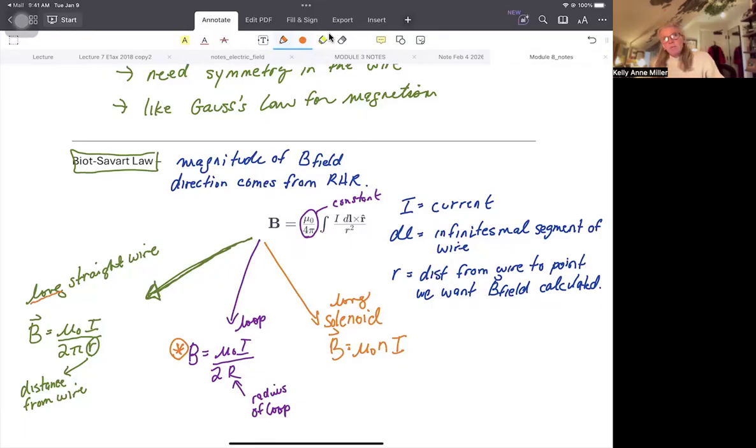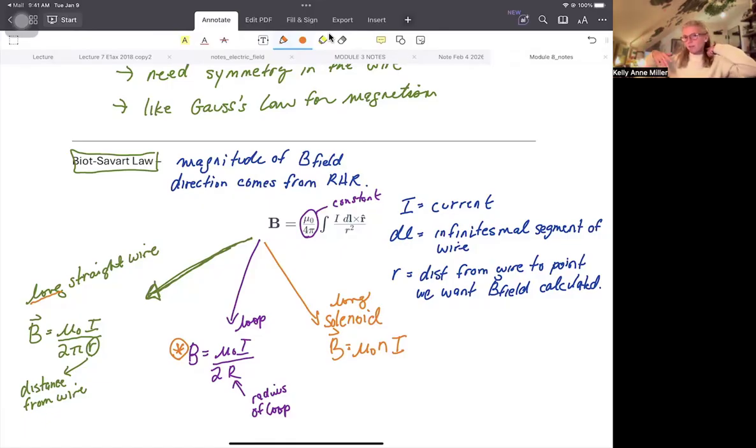I should say this is a long solenoid, just like this is a long wire. Similar to when we were talking about these symmetries in the context of electricity, in order for the components of the B field to cancel out, in the case of the solenoid, you need to consider a really, really long one.